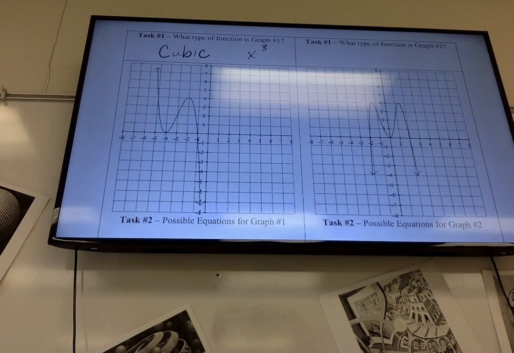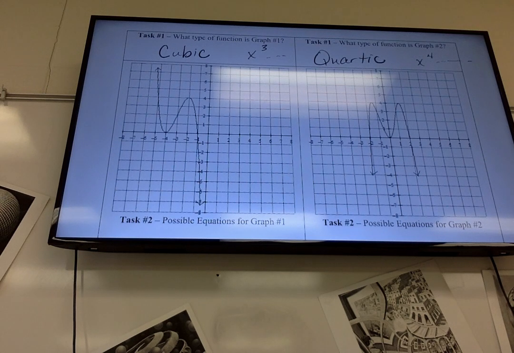x to the 4th. Yes, that's x to the 4th. And obviously more. Does anybody know what that's called? It's called a quartic. Do you count the up downs and add 1? Yes.